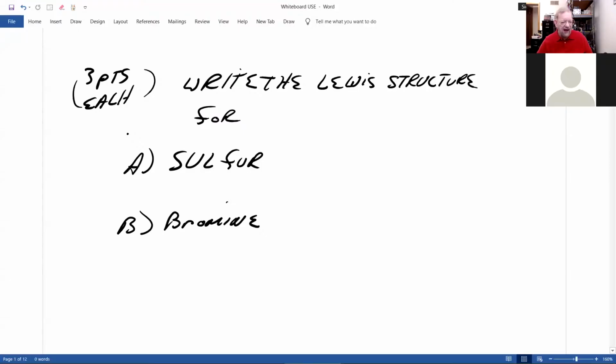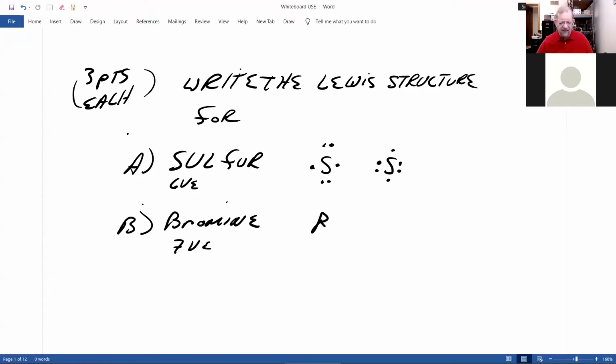Sulfur has 6 valence electrons, bromine 7 valence electrons. Put 1 on each side, then it doesn't matter which side you double up. I'll do it this way, and this is one way. You could have also done it this way. And there are 2 other ways I could have done it. And that's how you do sulfur.